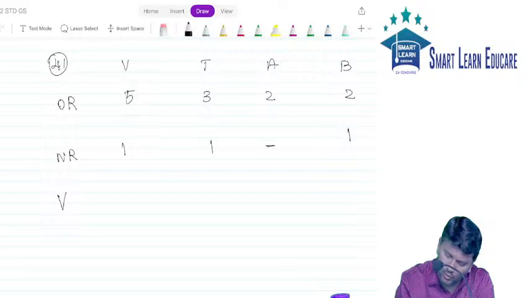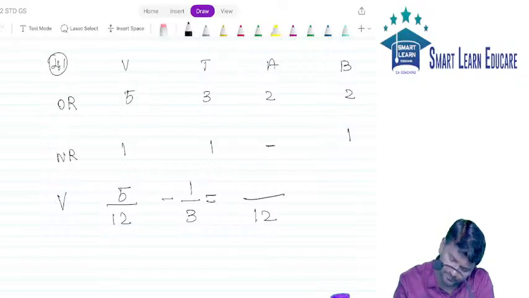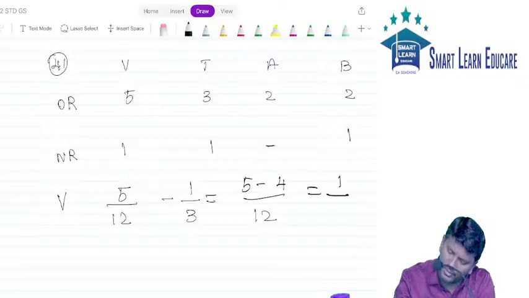Old ratio 5/12 minus 1/3, LCM 12. It is 5 minus 4, will give you 1/12. Answer is positive. Appo V is sacrificing.